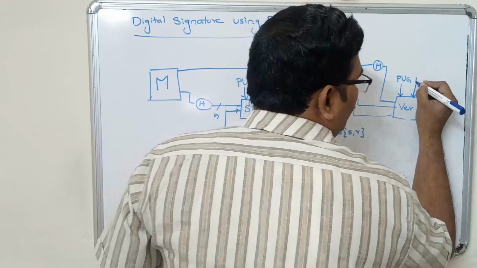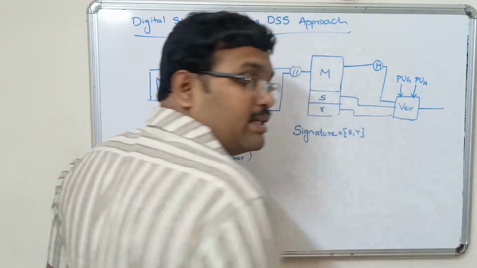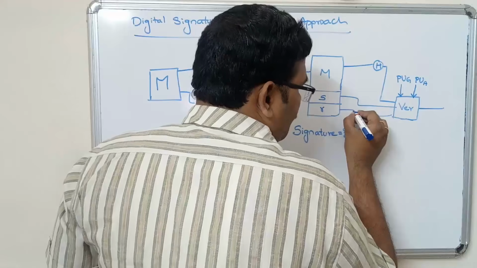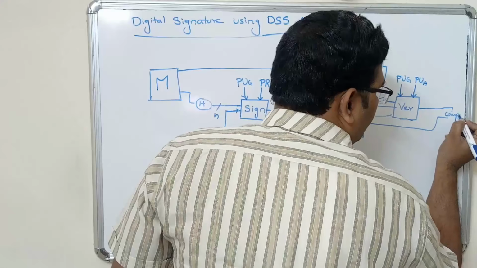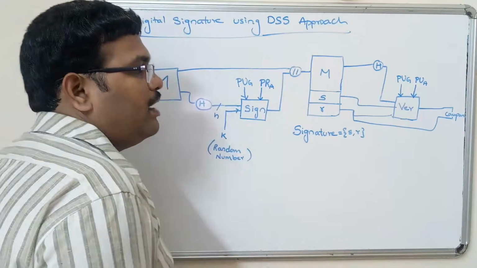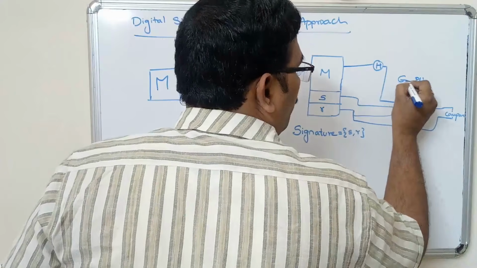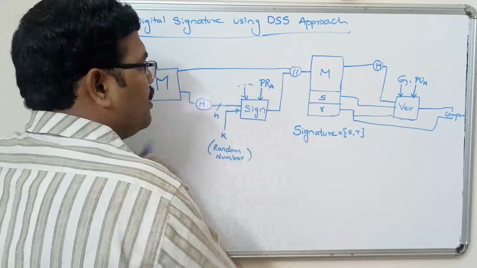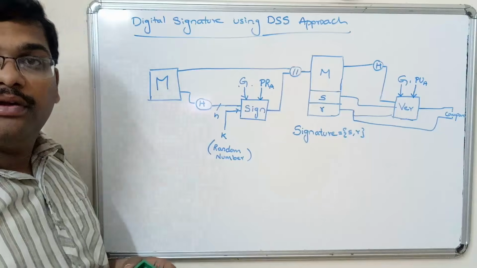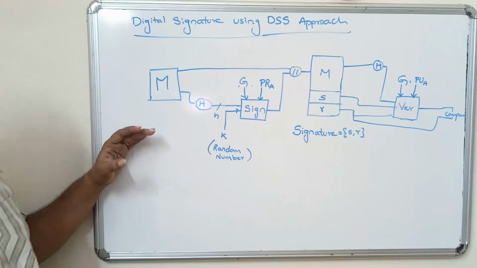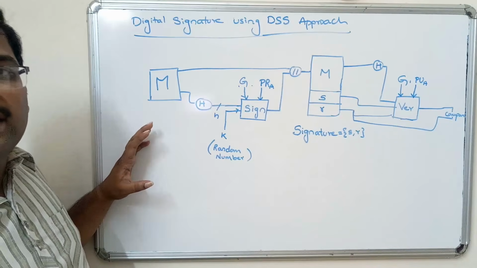Along with the global elements, we will use the public key of A, so that we will get the resultant, and this resultant and this R will be compared. Right? So instead of writing the global public key, we can call it global public elements. So this is the process done in the DSS approach, digital signature using the DSS approach.